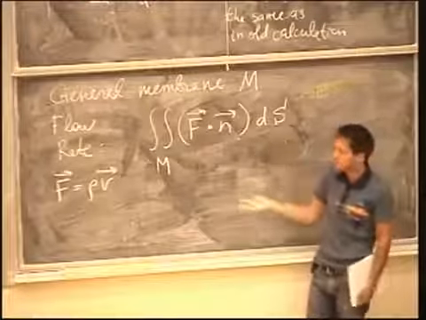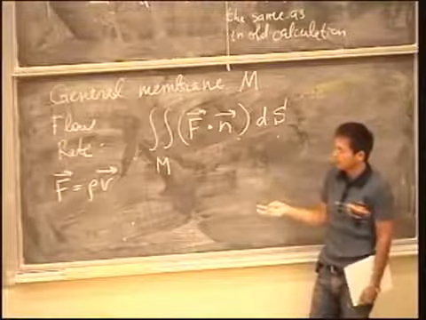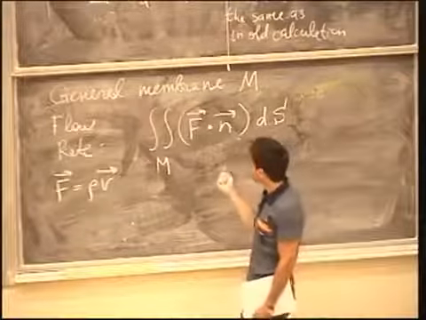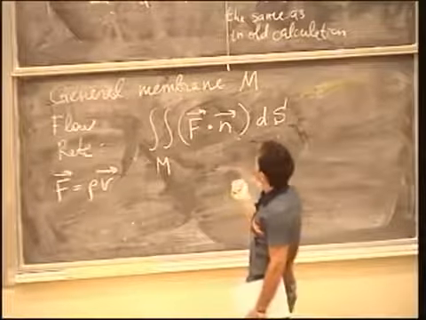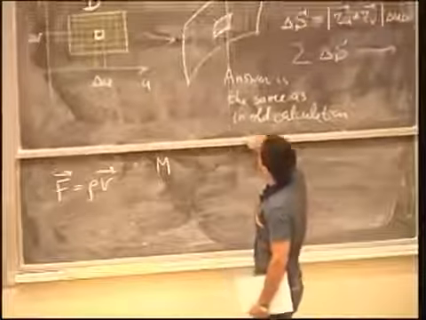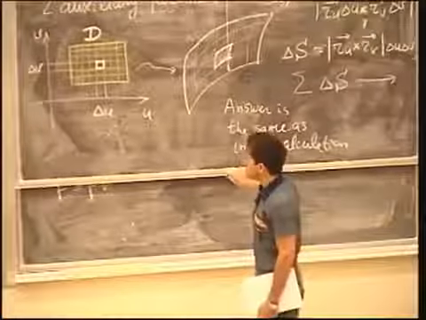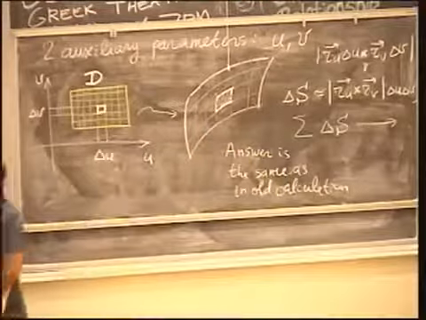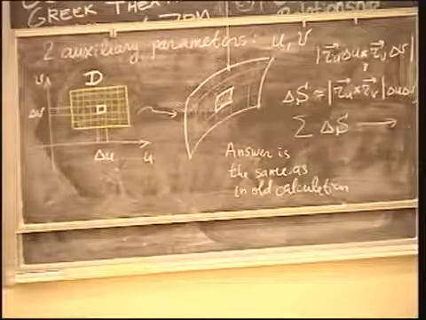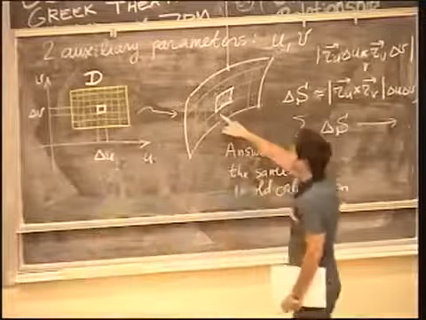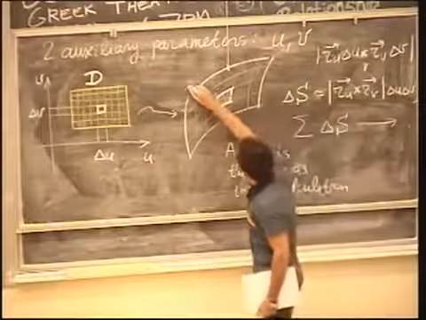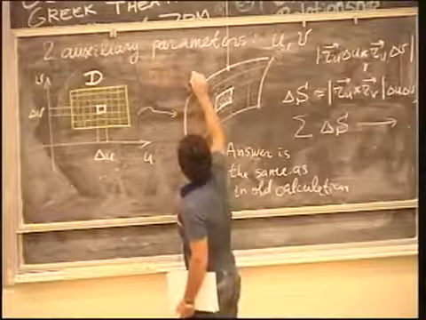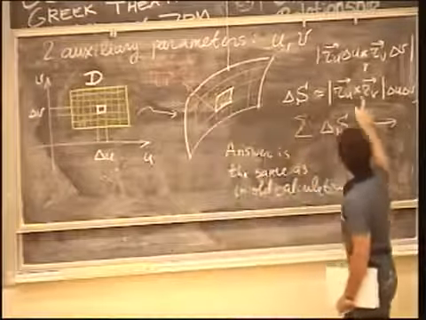But let me spell it out in more detail by using parameterization. So suppose now that my surface is actually parameterized in this way. Then I can actually find a normal vector, and the normal vector is going to be precisely this Ru cross Rv, which we have used here.